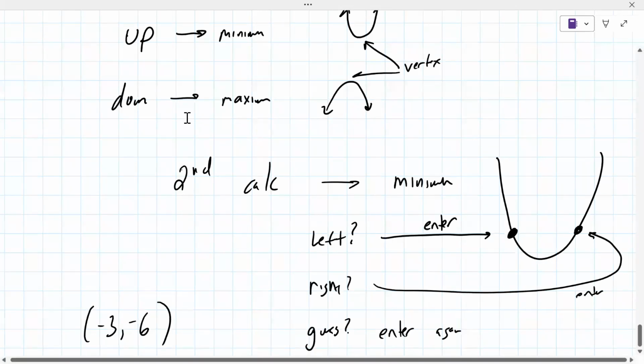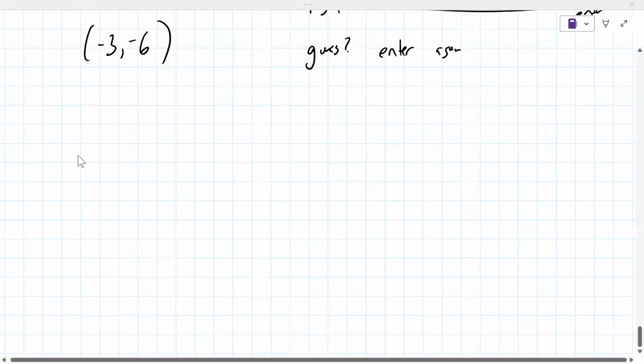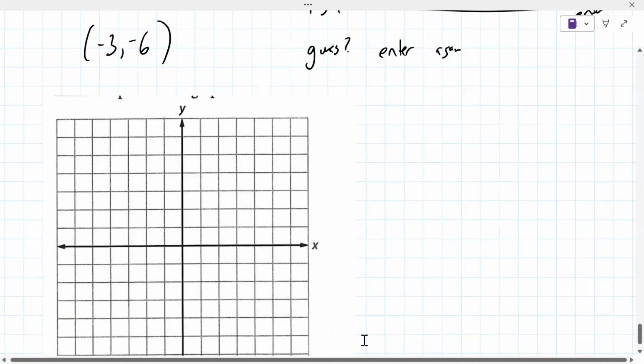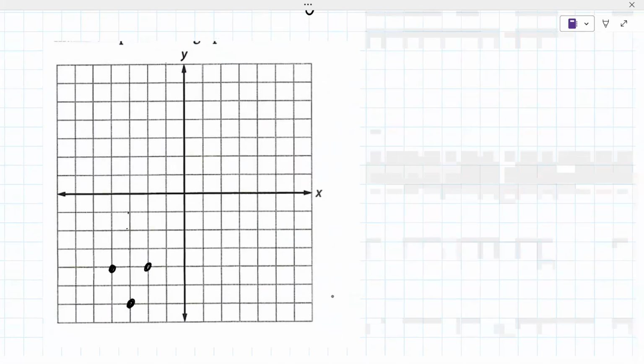Okay. So if you can do all that, graphing it really isn't too bad. You've got this graph here that you're going to show. So -3, -6 right there. And then you're going to start graphing other points along there.